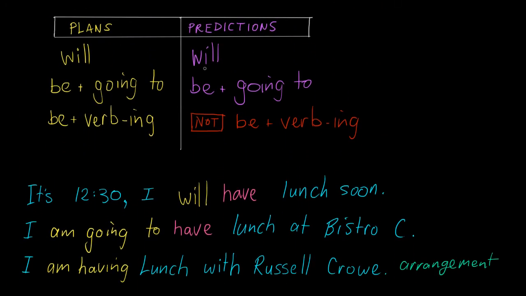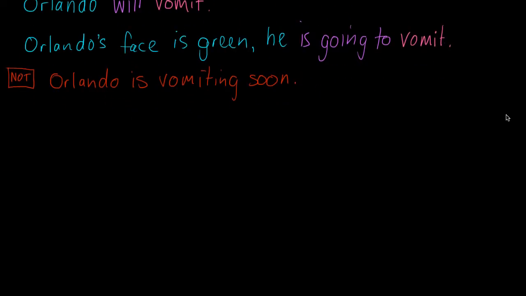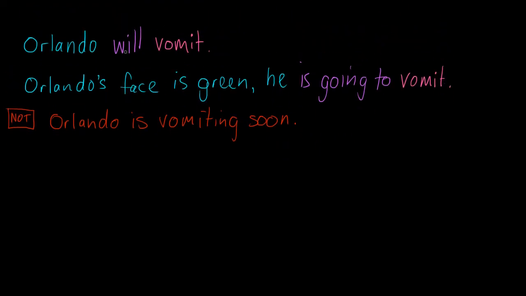So here we have in purple, it's going to be will and be, or be verb plus going to. Orlando will vomit, and Orlando's face is green, he is going to vomit. Now, the difference here is that we are using will for predictions when we sort of feel it in our heart, or we have a lot of experience with Orlando.